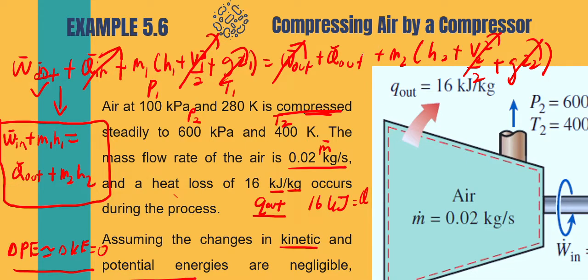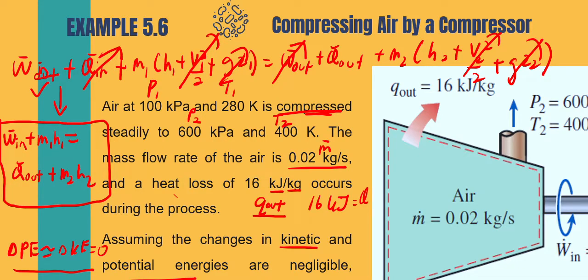Okay. And then you also must remember the schematic diagram of a compressor. Because this is a compressor, obviously you're going to compress, so the volume will become smaller. So this is the schematic diagram of a compressor. How about a turbine? A turbine is the reverse of a compressor, so it goes from small to big. For a turbine there is work out.